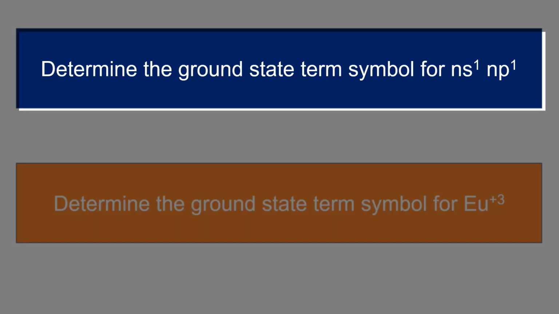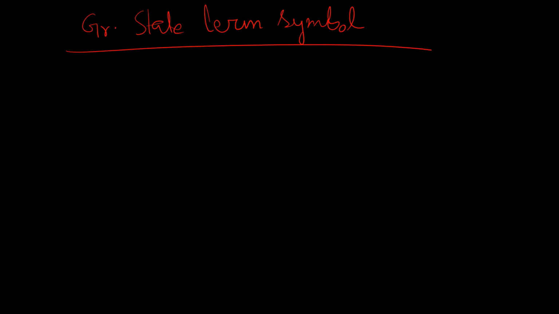Determine the ground state term symbol for ns1 np1. First write the ground state term symbol. So what do we have to do? We have to find everything, like the 2S plus 1 value, 2S plus 1, L, J. This is the generic representation, right?